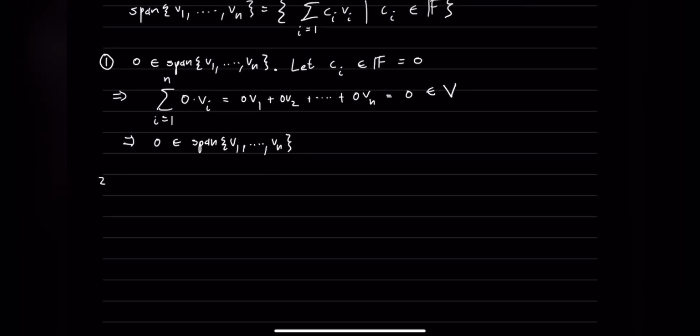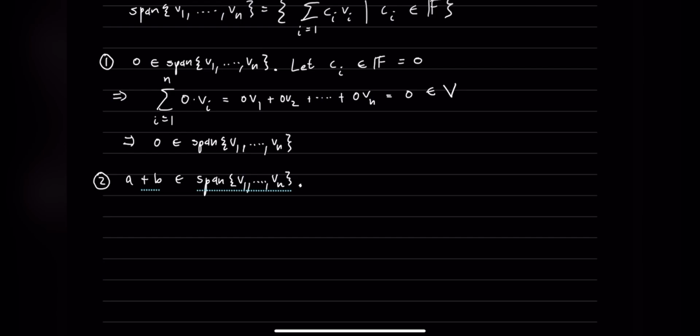Now the second property I have to show is that A plus B is in the span of V1 through Vn, where A and B are in the span.